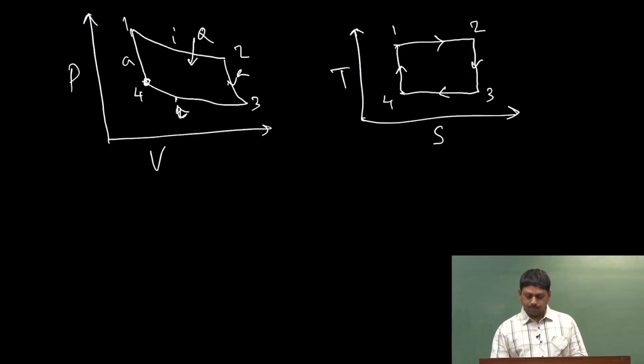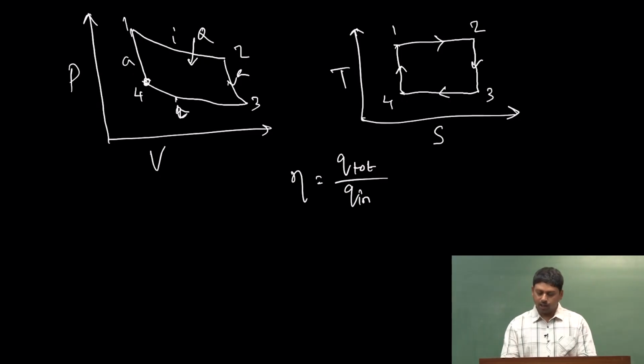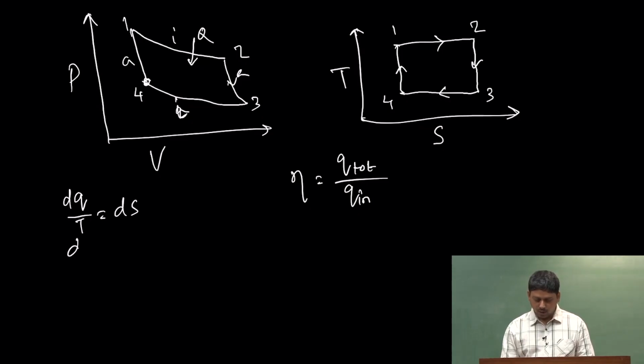Now, in order to calculate the efficiency, we know that it is Q total divided by Q input. So we have to calculate Q total and Q input. We know that dQ by T equals dS, so dQ is nothing but T dS.